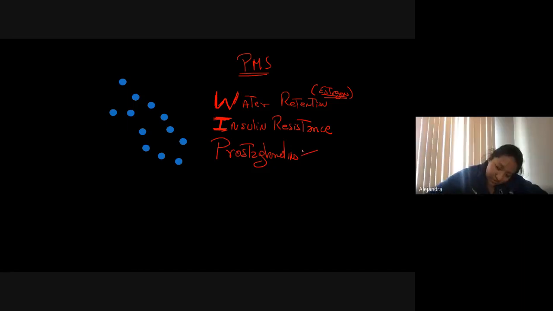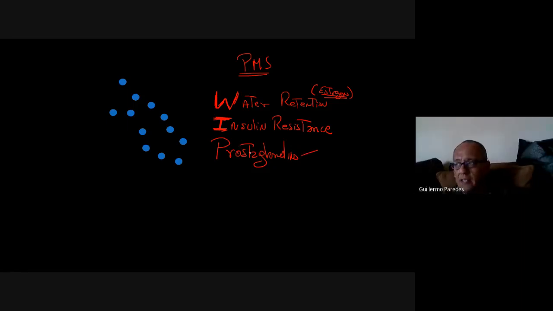Women having high levels of prostaglandins become more sensitive to pain. Sounds familiar? So everything is more sensitive, to the hot, to the cold, right? So that changes your mood too.